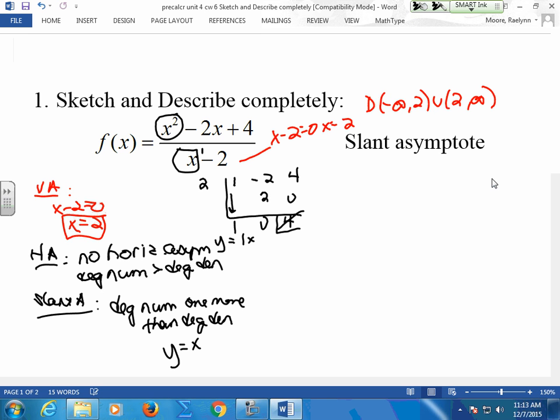Okay. We probably have enough now that we could graph this. So let's sketch this. What's my vertical asymptote? 2. And what's my slant asymptote? And y equals x is a line that goes through both of those quadrants.